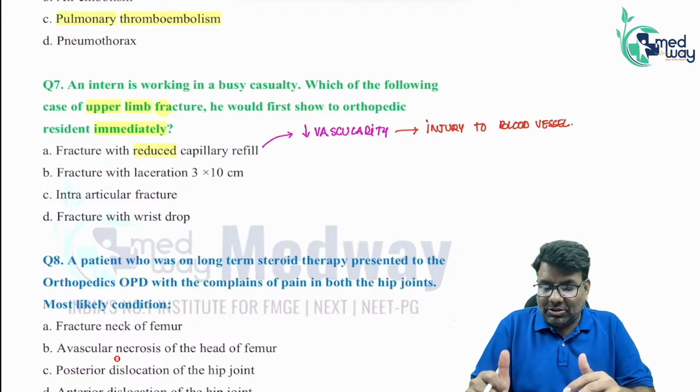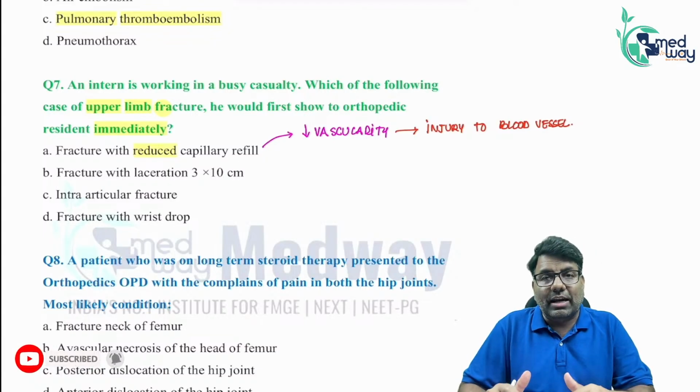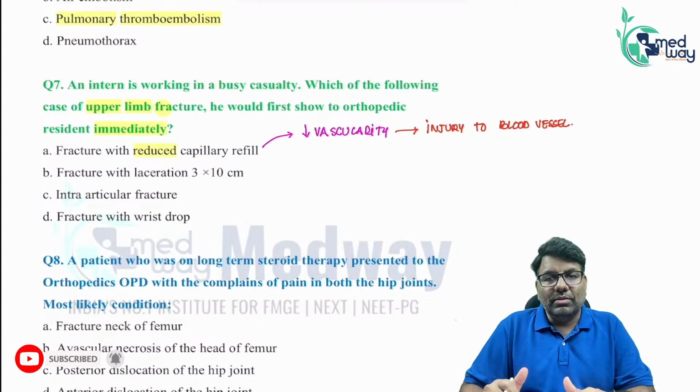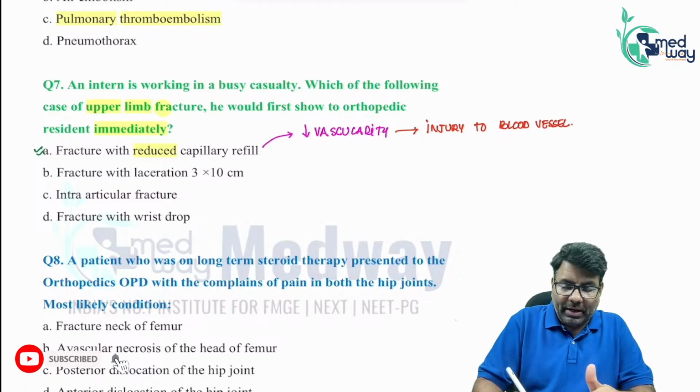Because of the fracture, there is injury to the nearby vessel, and if this is not addressed timely, it can lead to ischemia or even gangrene of the distal part. So this should be at the top priority.